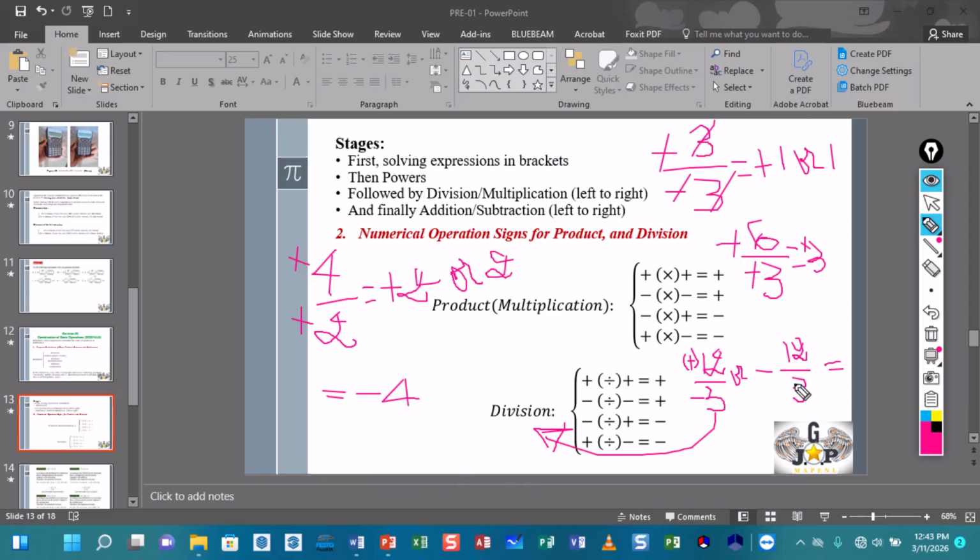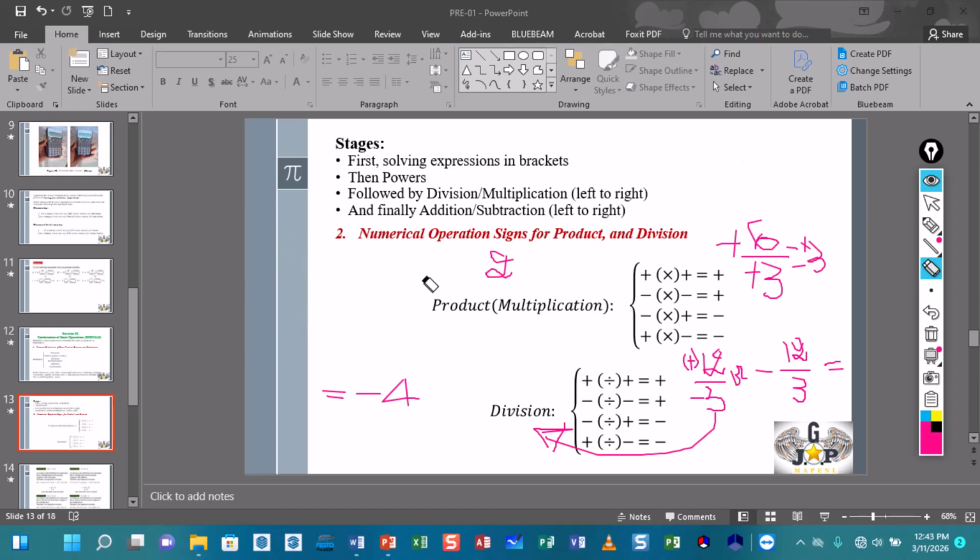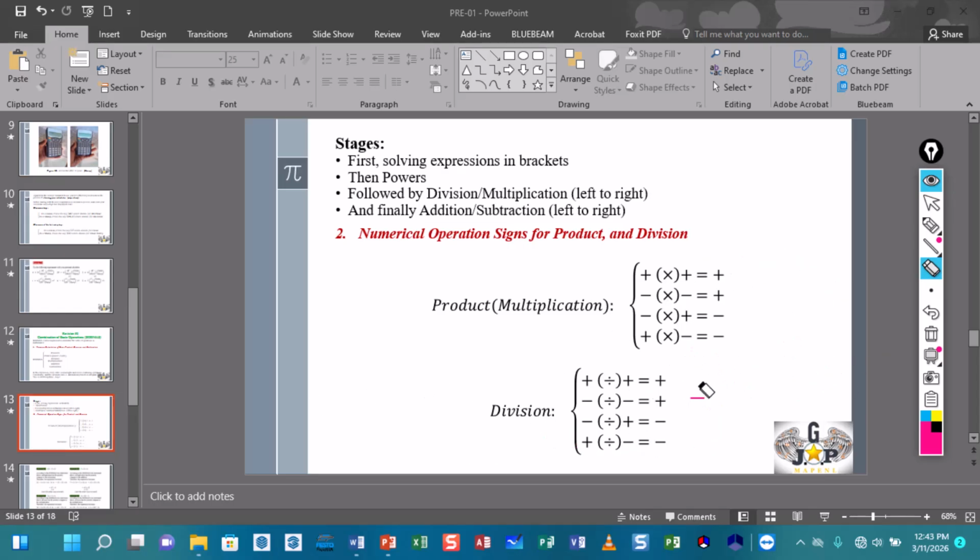If you do not master these signs, I guarantee you're going to hate math. You're going to hate math, which is not a bad thing, because your hating it is going to become a driving factor for you to learn it.